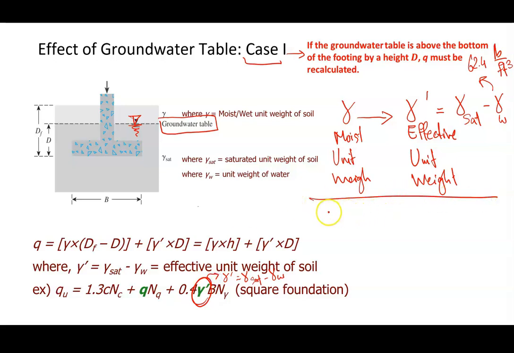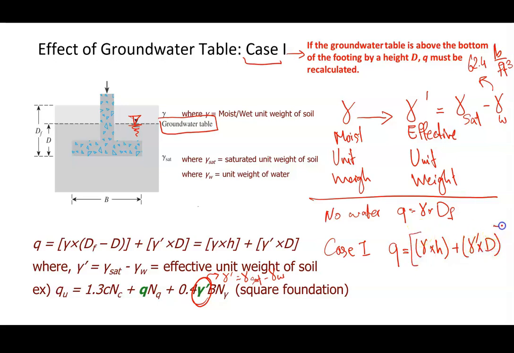Then when there is no water, we said that surcharge is gamma dF. But in case 1, where the groundwater table is above the bottom of footing, Q is gamma times H plus gamma prime times D. This is our groundwater table.